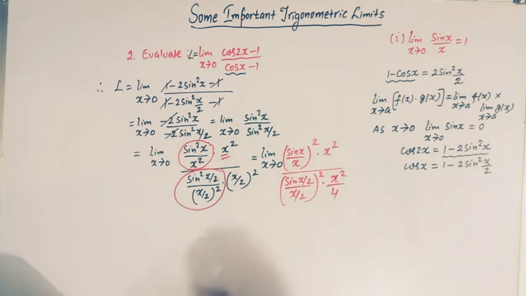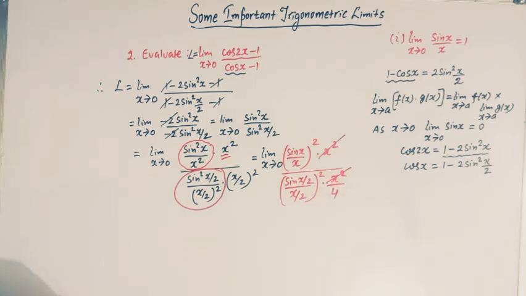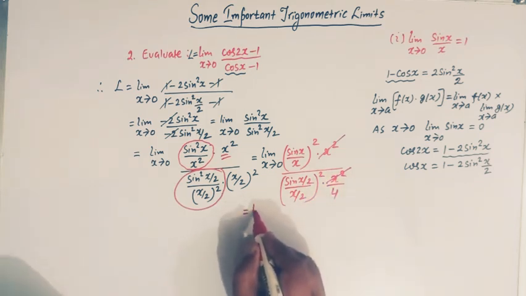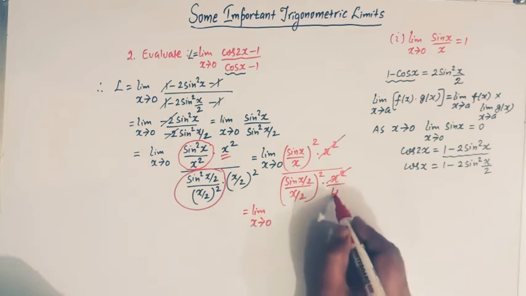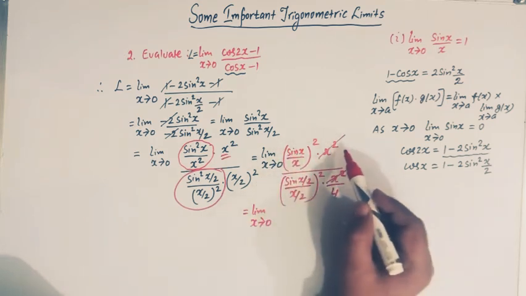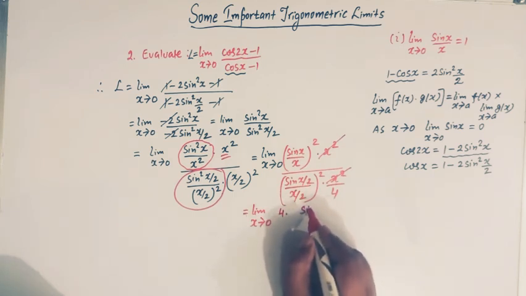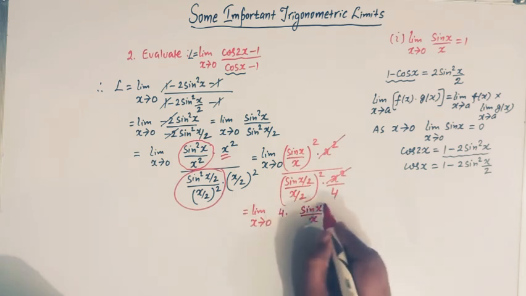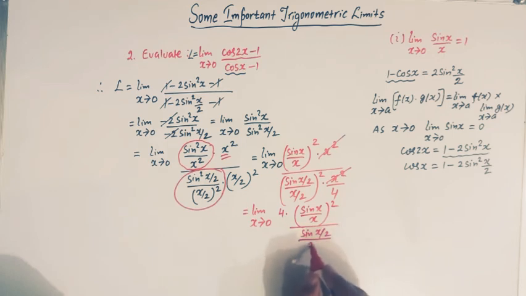X square over 4. Now this x square and this x square get cancelled, so we have limit x tends to 0, and taking this 4 to the numerator, so we have 4 times (sine x over x) whole square divided by (sine x by 2 divided by x by 2) square, right?